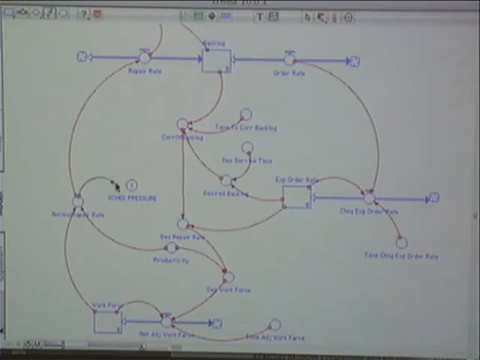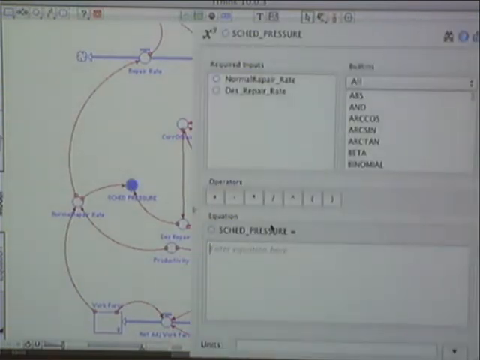So what I have here is that the desired repair rate is compared to the normal repair rate. And the way one can compare is, of course, by way of a difference, but it would be better to say it's the desired repair rate over the normal repair rate.